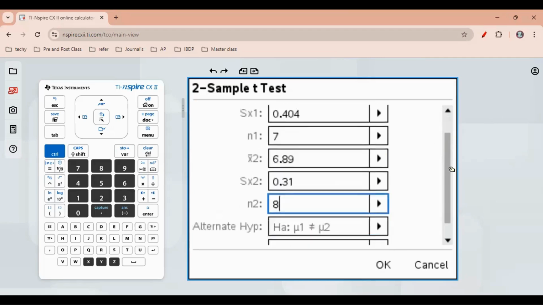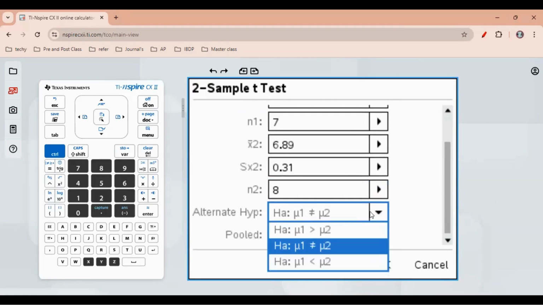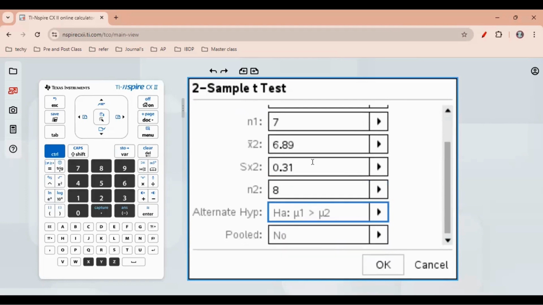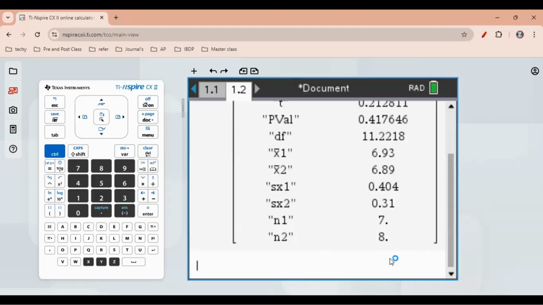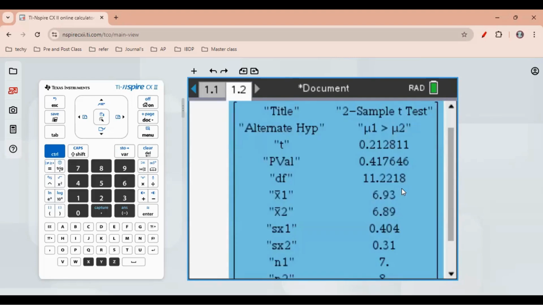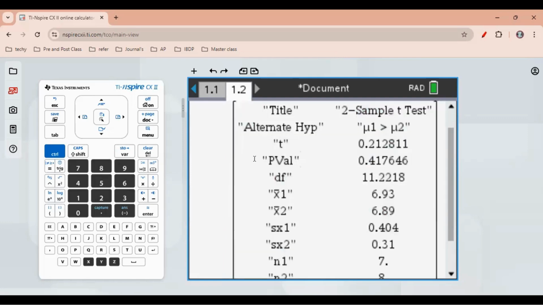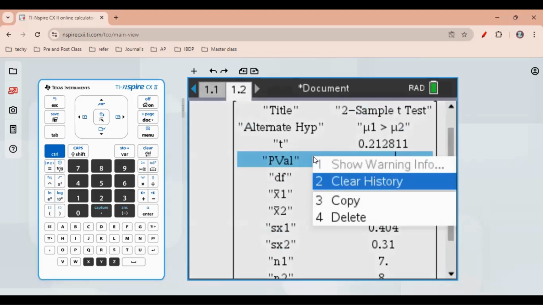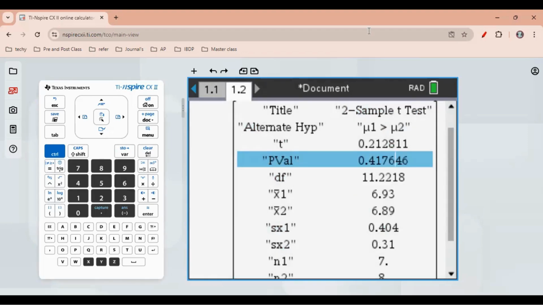And next, the alternate hypothesis is mu1 greater than mu2. The first is greater than. And this pooled one, you can just ignore it. Go for it. So when you click enter, you get this complete 2 sample test over here. Okay. And while you're testing, you will go with the p-value. P-value is 0.417646. And I need to test at the 5% significance level.